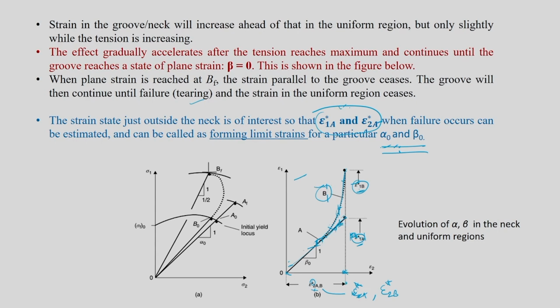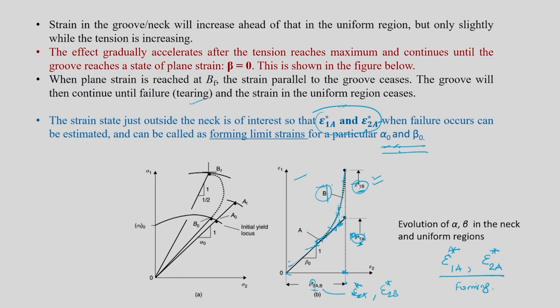You will see that epsilon 2A and 2B are almost the same, along the groove, and this particular diagram tells us that when localized necking happens, the reference is actually in the A region only, so that epsilon 1A star comma epsilon 2A star becomes the forming limit strain.